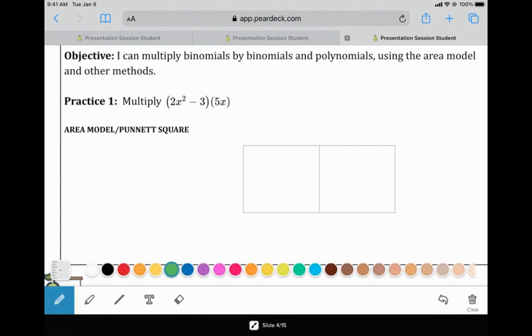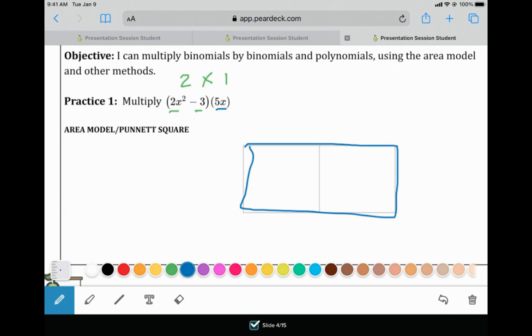This one is a 2 by 1, because I have 2 terms. The second expression I have 1 term. So it's a 2 by 1. If you look at the box, I have 2 by 1.